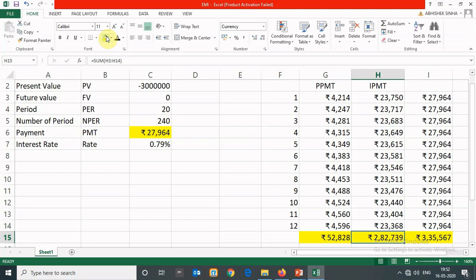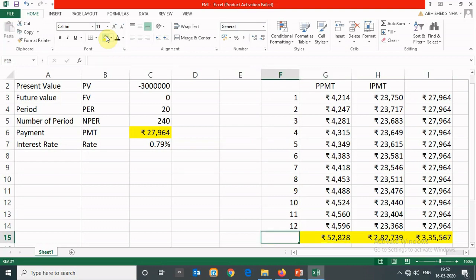So in the first year, the exemption limit available currently in 2019-20 is 2 lakhs. So 2 lakh can definitely be availed by a person, and 52,828 is the principal amount that can be used in 80C.